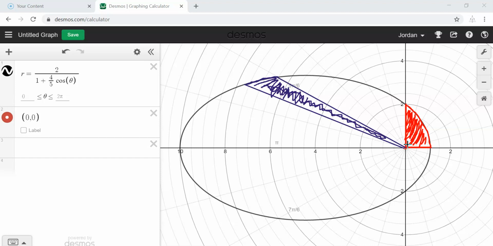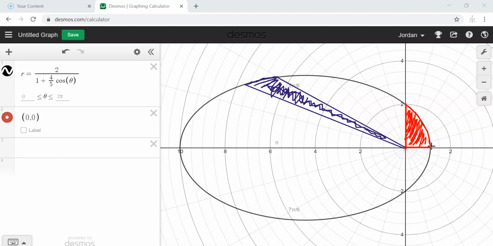So basically, here's what I'm saying. Now that I've drawn this, let's imagine that this red area is the same as this purple area. So what Kepler's law is saying is that if these two areas are the same, and notice that they were both created by rays from the pole, in other words, rays from where the sun was at, then the planet is going to travel along the red section of the ellipse in the exact same time it takes that planet to travel along this purple section of the ellipse.